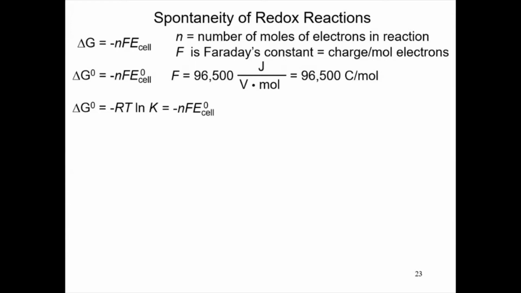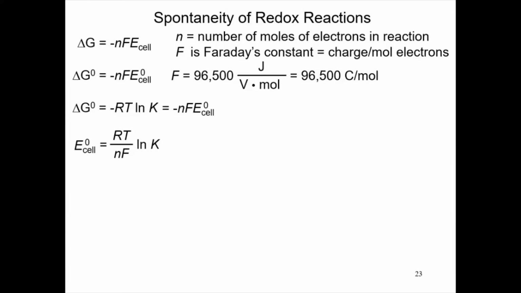So let's take these and rearrange the equation. The voltage of the cell is going to be RT divided by NF times the log of K. I just rearranged the equation that I had there.